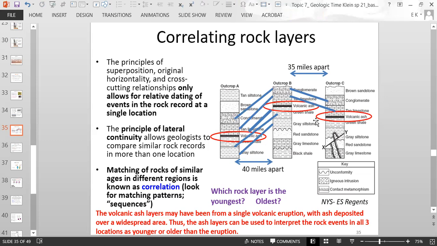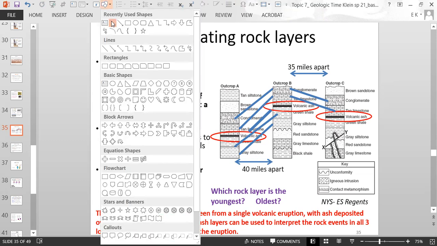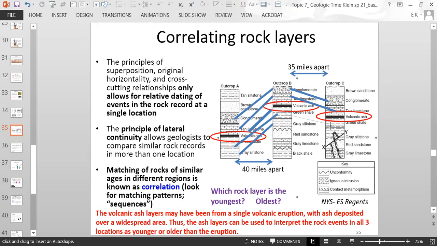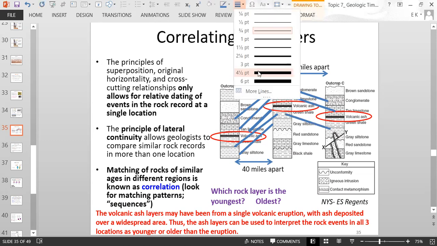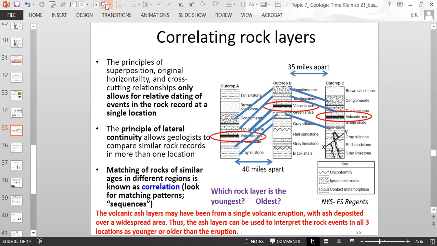And then you look below, green shale and gray siltstone. So now all of these rock layers match each other. So we're going to assume that they were all once continuous because of the principle of lateral continuity.